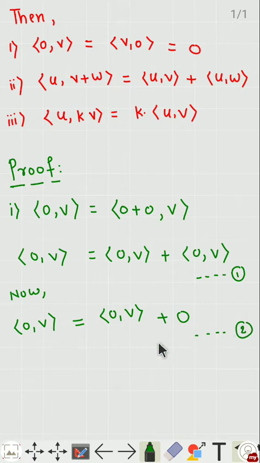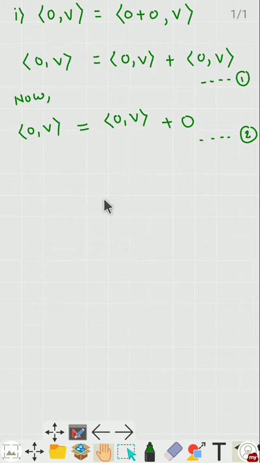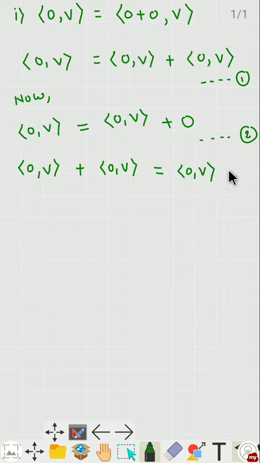Now from equations 1 and 2, the left hand side is the same, so the right hand side must be the same. So in the next step, we can write the inner product of 0 with v plus the inner product of 0 with v is equal to the inner product of 0 with v plus 0.